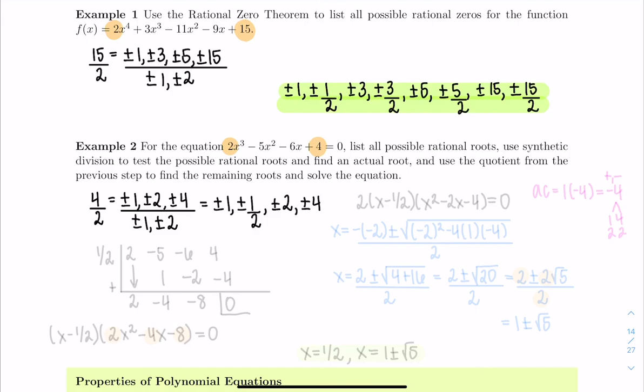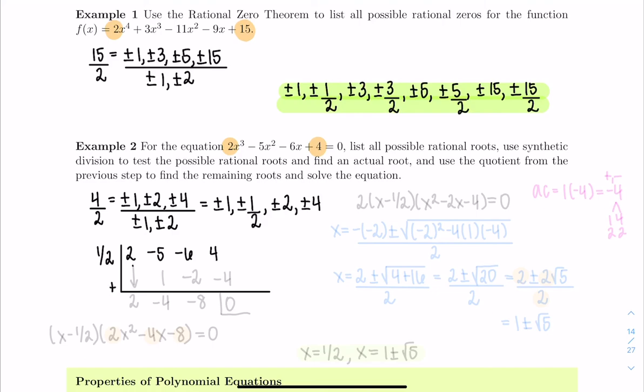Now we could go through and try to figure out which one it is, but I'm just going to tell you which one. It's going to be 1/2 is the one we want to test. And so listing all the coefficients for our synthetic division, we get 2, -5, -6, and +4.